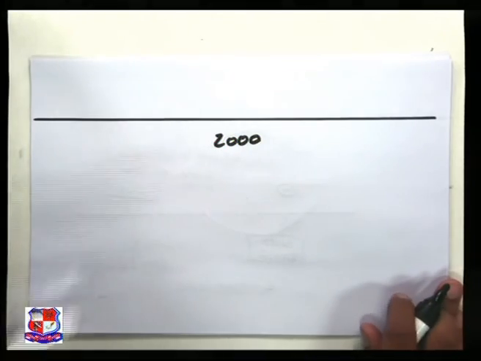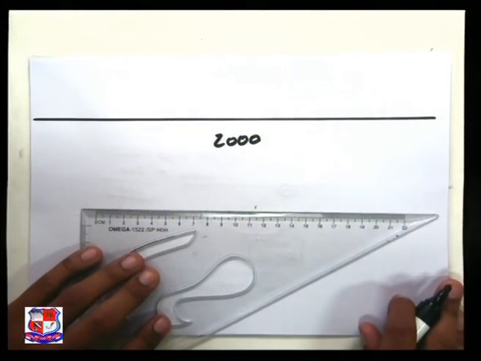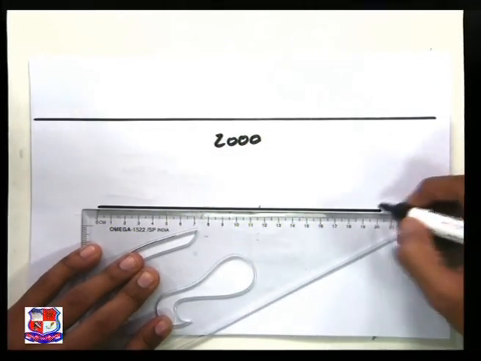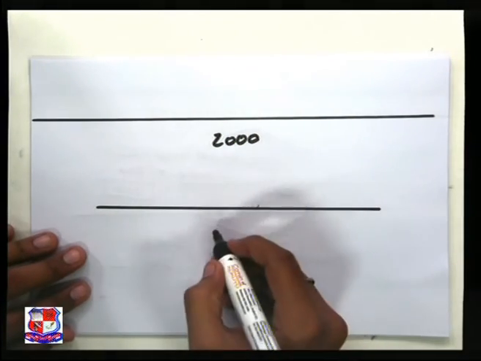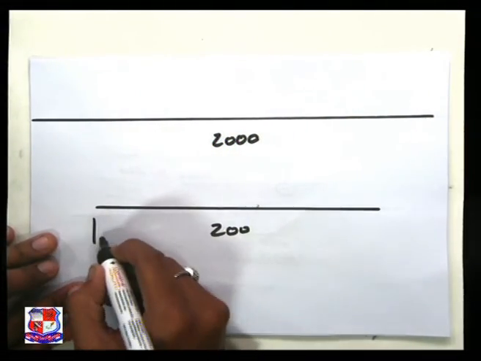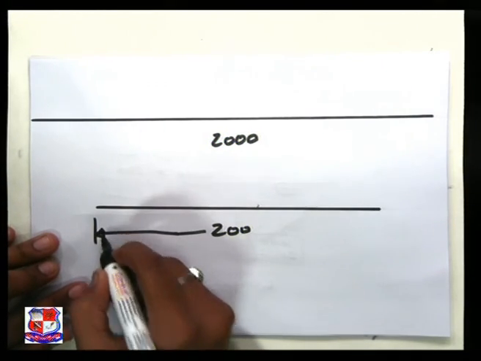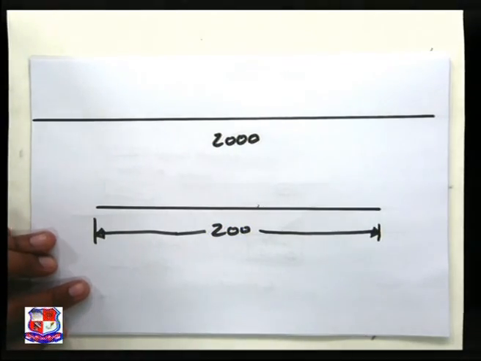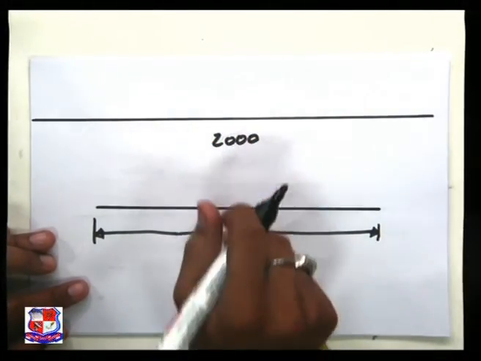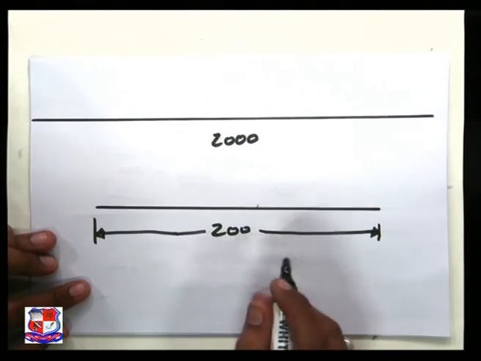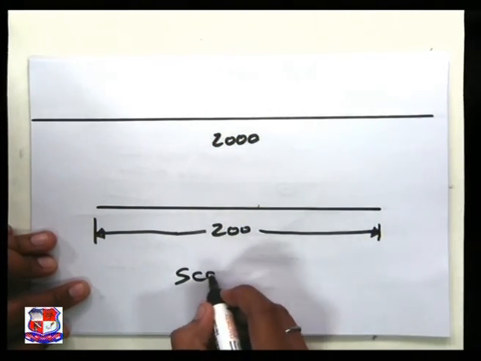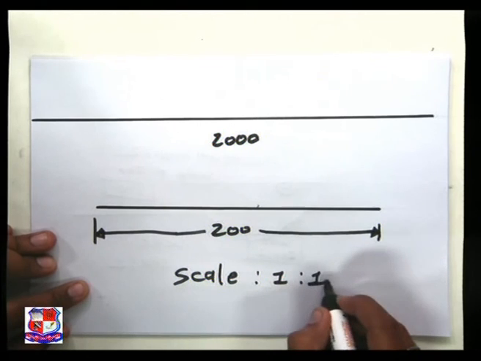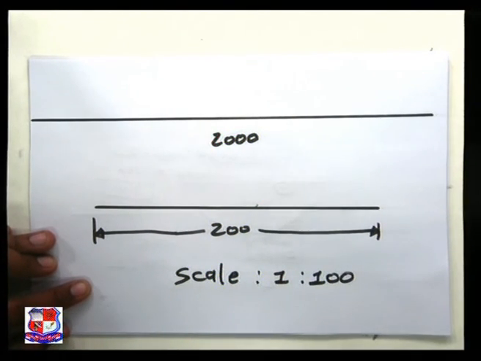So what I am going to do, I will draw a line of 200 mm. I have reduced 2000 to 200, which means that the scale is 1/100.